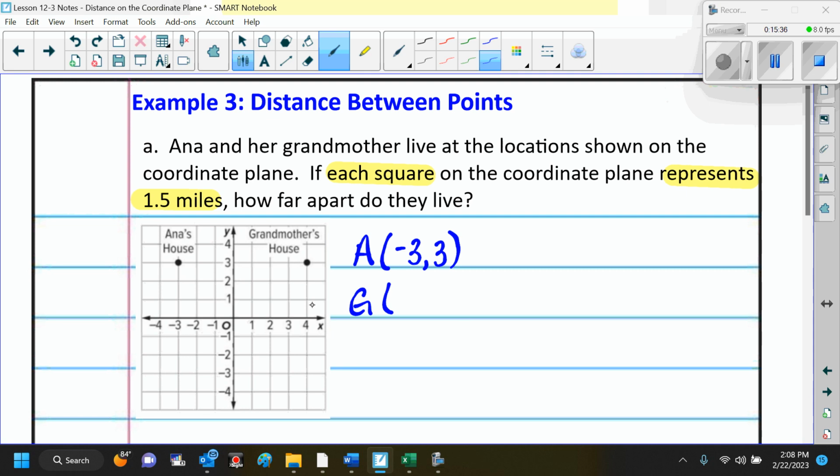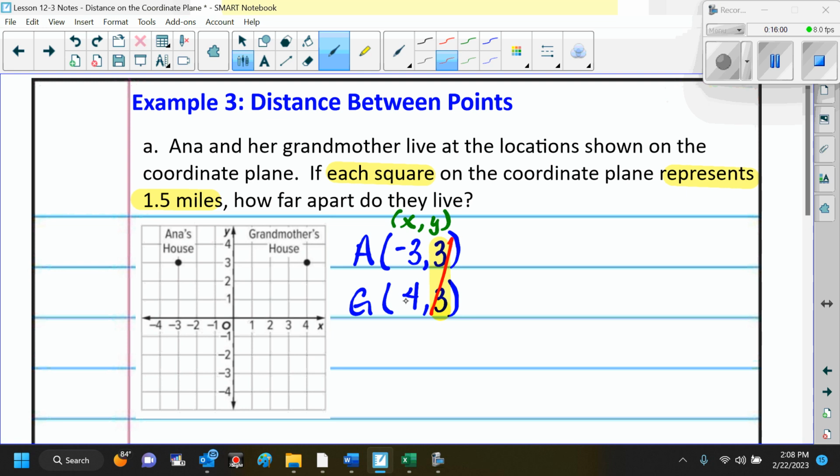That's 4, comma, +3. And again, this first one is the X, second one is the Y, okay? So, which one is the same? The Y value is the same. So that means we're going to use the X value to calculate, okay?